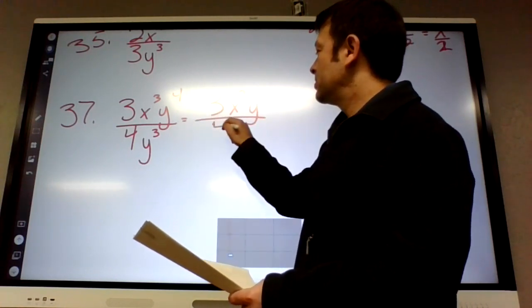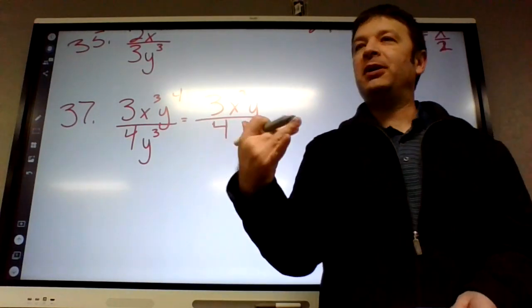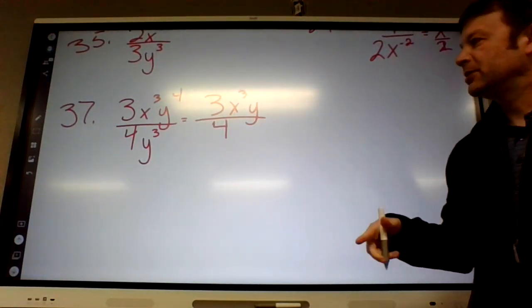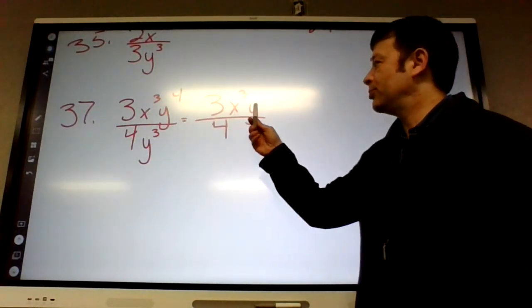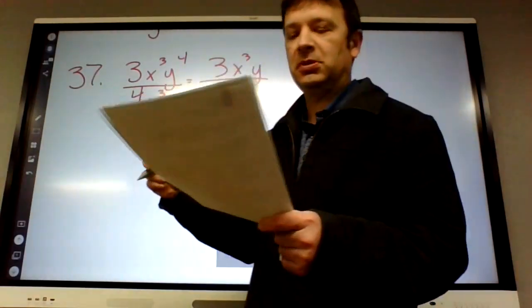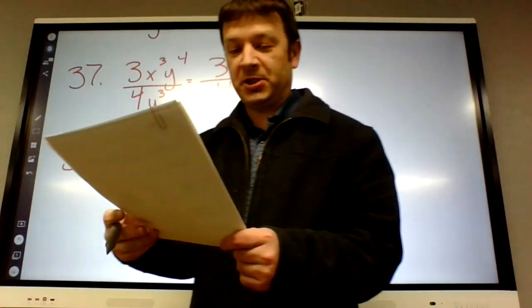Why is it up there? Because 4 minus 3 is 1. Now, if it was 3 minus 4, that's negative 1, and that would be on the bottom. But 4 minus 3 is just 1, normal. Yeah, it's pretty quick. You guys are gonna miss this worksheet tomorrow.